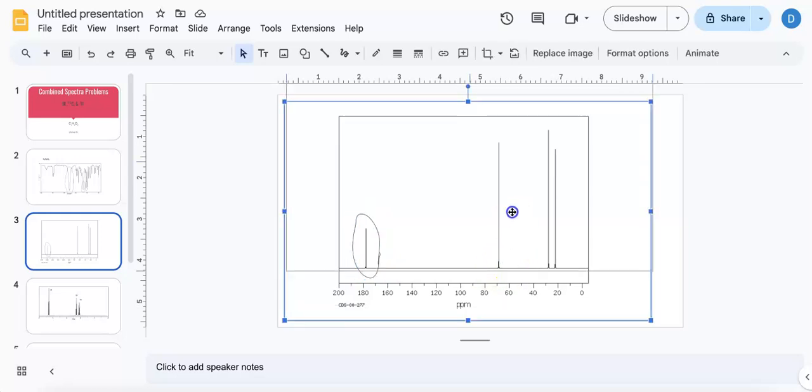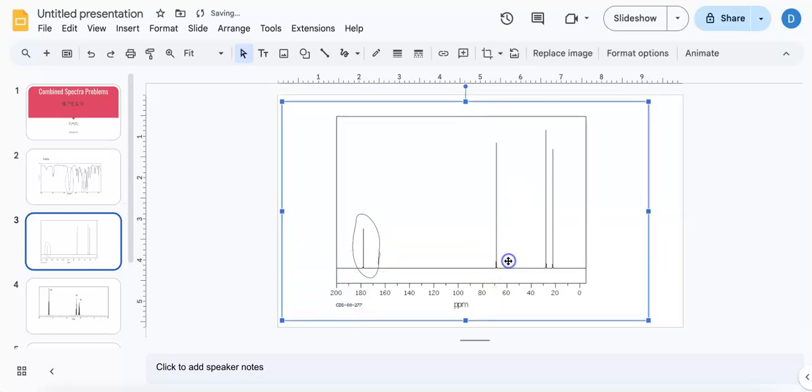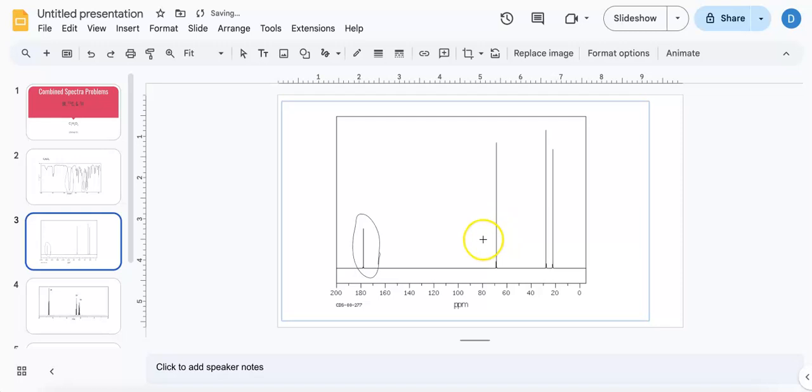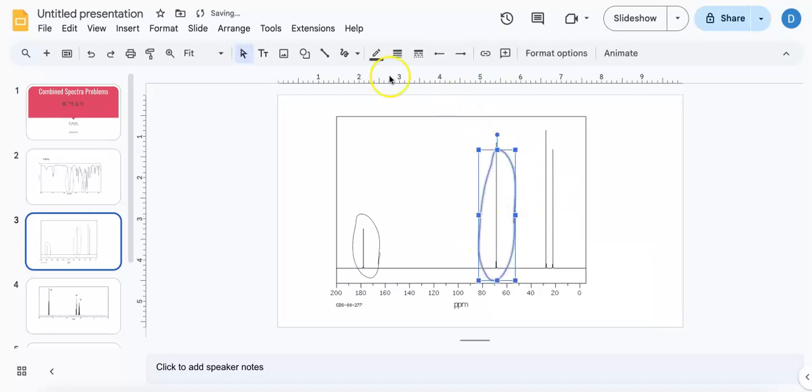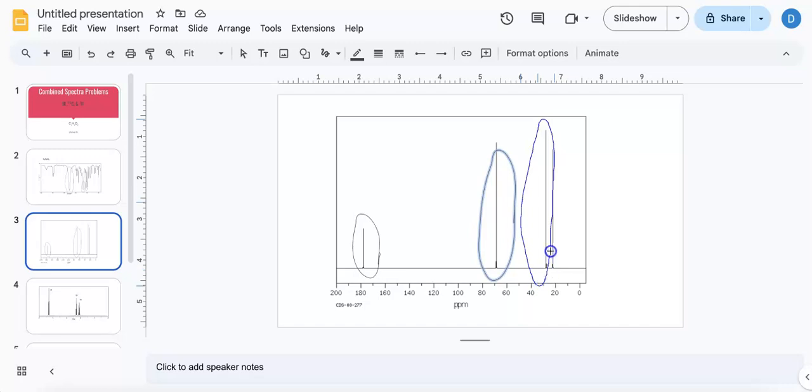We have one at about 70, so this is a carbon-oxygen bond. Then about 29 here, so this is a carbon bonded to a carbon-oxygen. And then here at around 20, a little hard to see, this is carbon bonded to carbon.